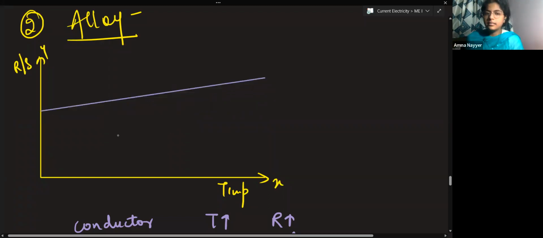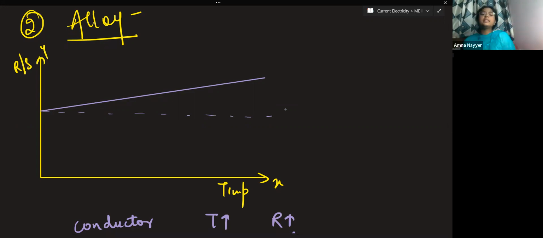There's a slight increase. Means if this was the original line, which represented the constant resistance, a slight deviation or slight increment you are able to observe for alloys.